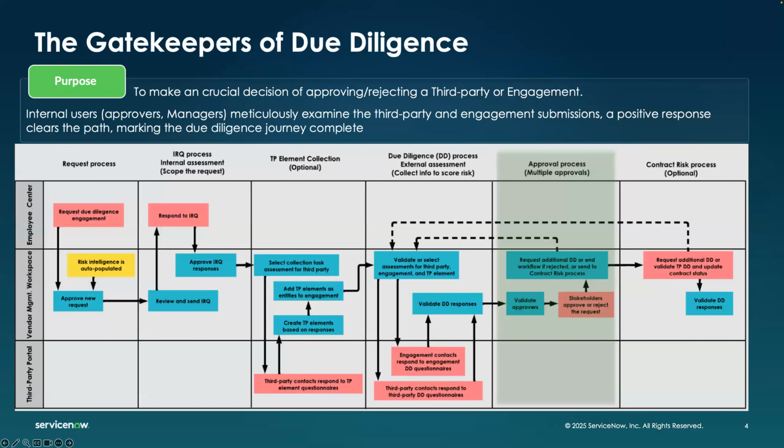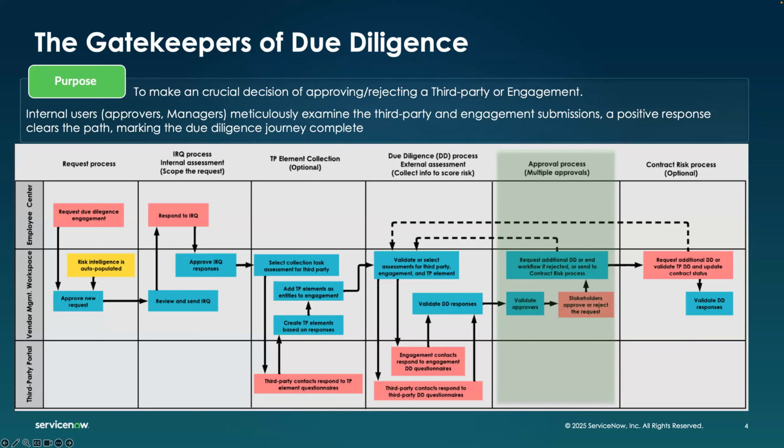All right, so let's understand the purpose of gatekeeping here. Think of the internal third-party risk management team, the managers and the approvers, as the meticulous detectives or the gatekeepers. They deep dive into every submission from your third parties and engagements, where they reach a positive consensus or feel the required criteria, which is set by the onboarding organization, is met.